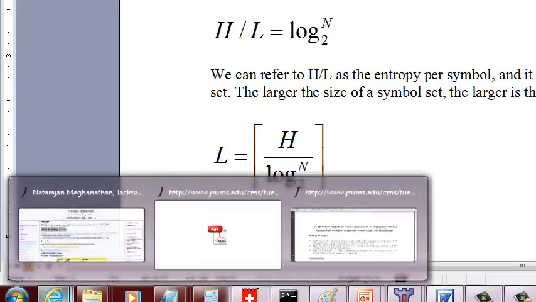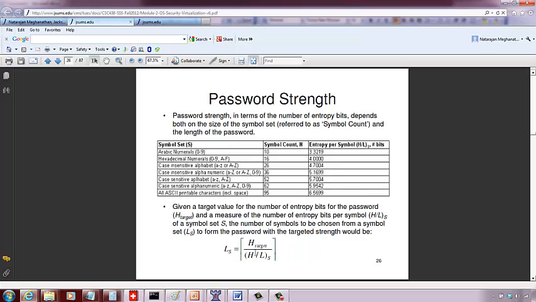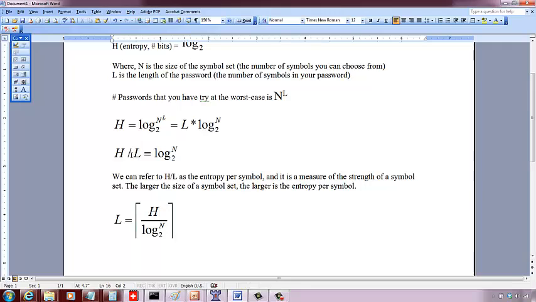And if you notice in the slides, we have something like this, right? So this h over l basically comes from here. This h over l is log n to the base 2.